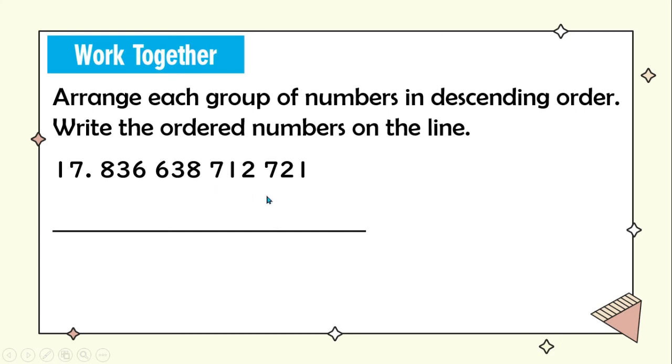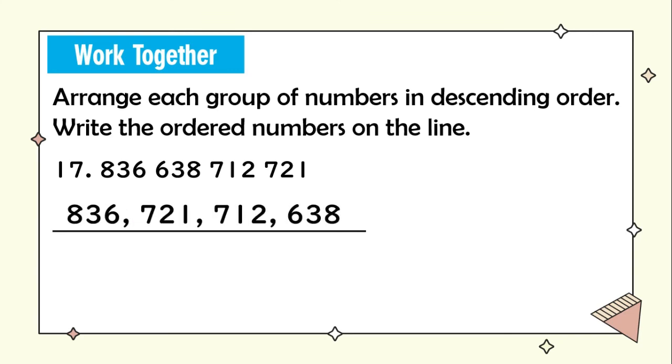That's 7 and 7. So let's proceed to the tens place value. We have 1 and 2. So the greatest number is 2. Very good. So followed by 721, and then 712, and the least number is 638.